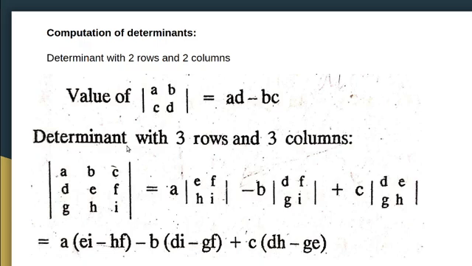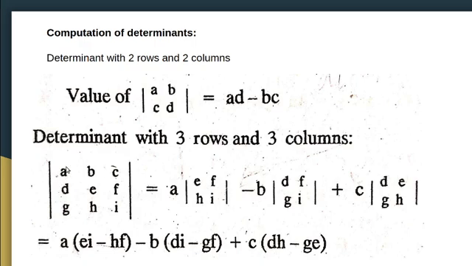Then how can we determine the determinant value of a 3 rows 3 columns determinant? So this is a 3 by 3 determinant. Then how can we determine the value of this determinant? Take the first row first column element, that is A. Then strike off the row and column in which that element exists.